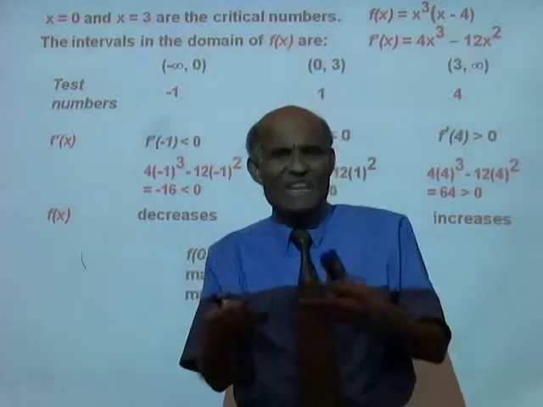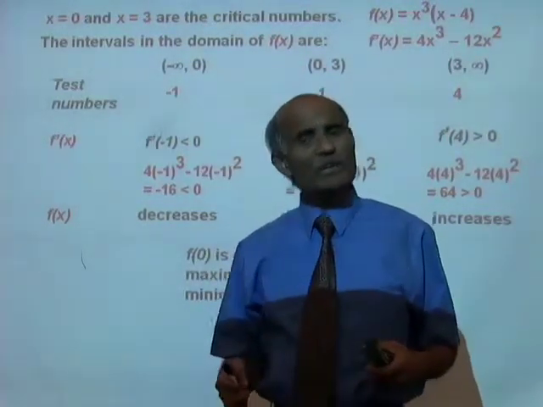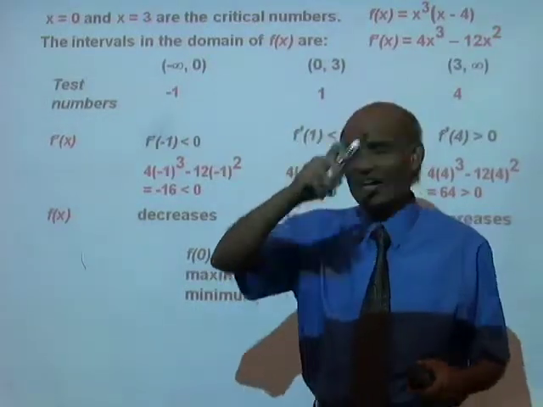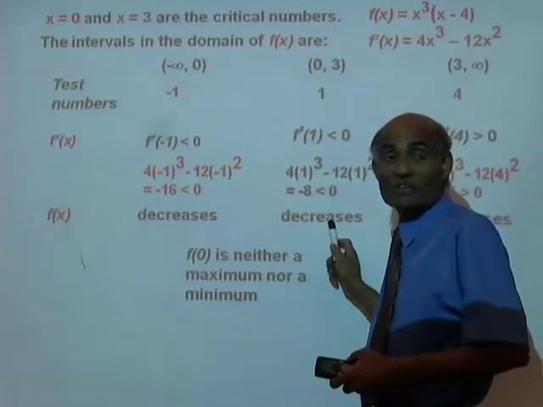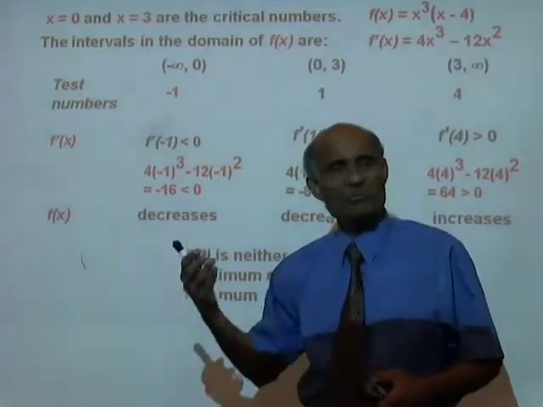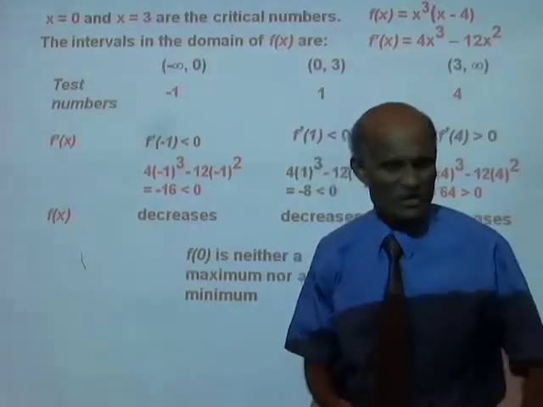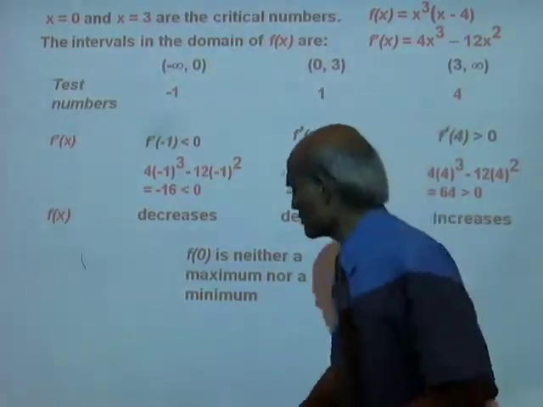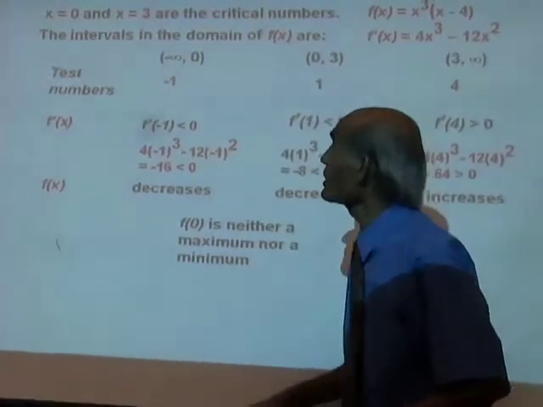Now, how does that fit into our discussion? Can you think of a graph that decreases on the left and decreases on the right of a critical number where the derivative is 0? Well, that's not very difficult. If you just let me put this screen up, I will just show you.